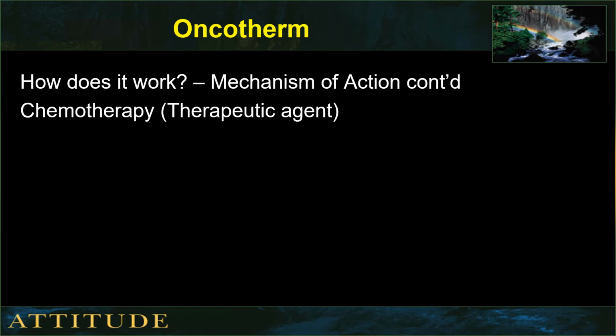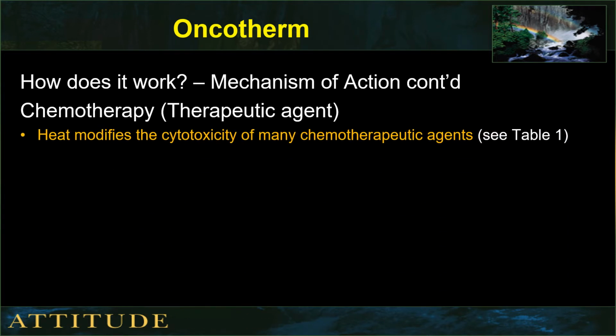Now this next point is about the impact of Oncotherm on the actual chemotherapeutic agent itself, and this is the key point. Heat modifies the cytotoxicity of many chemotherapeutic agents. I'll show you in table 1, on the slide after this, the chemotherapeutic agents and the impact of heat on the actual agent itself.